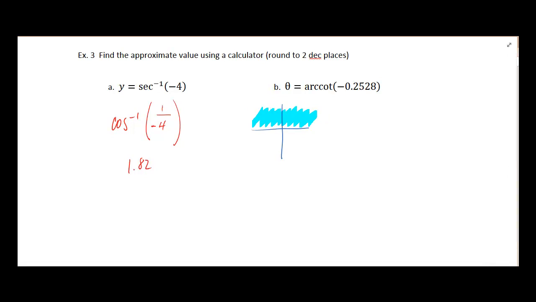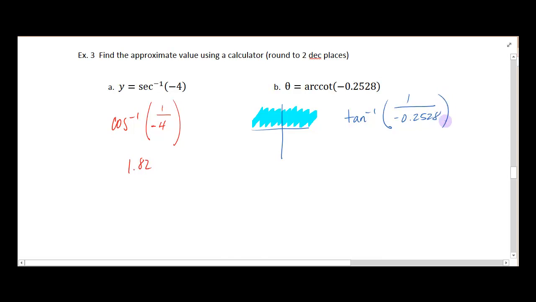But we just got through saying that in order to find the inverse cotangent on my calculator, I'm going to have to utilize the reciprocal identity, which says I need to find the inverse tangent of 1 over the angle, -0.2528. Before I go punch that into my calculator, let me point something out to you.